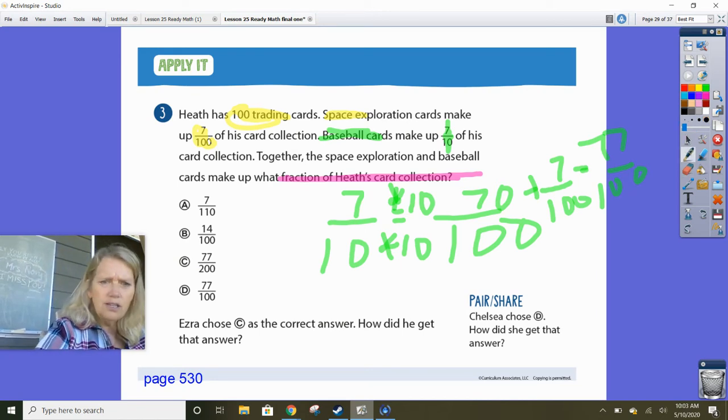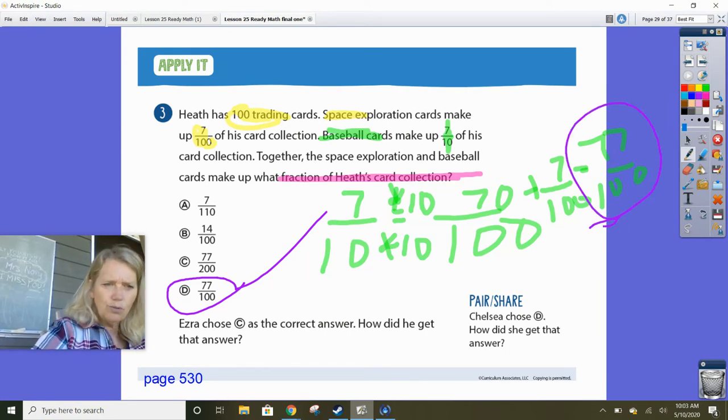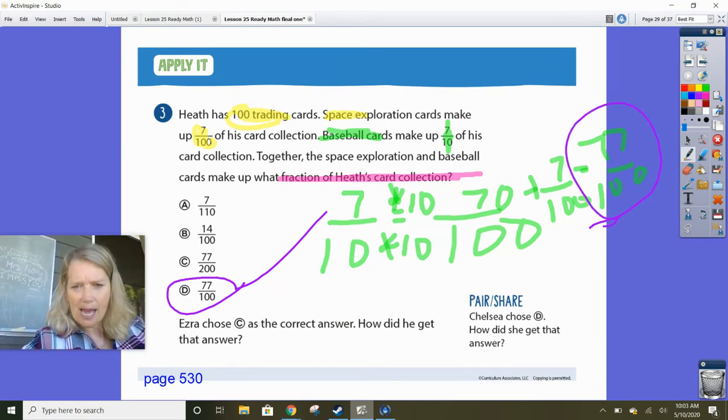It is this one. I wrote the right answer, 77/100ths, and then I chose the wrong one. Yes, that happens to me. Maybe that happens to you too. So Ezra chose C. I think I just jumped to the 77 personally. I don't know if it's what Ezra did. Ezra probably added the 100 plus the 100.